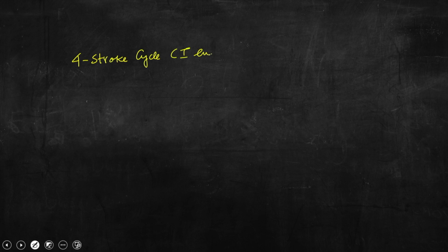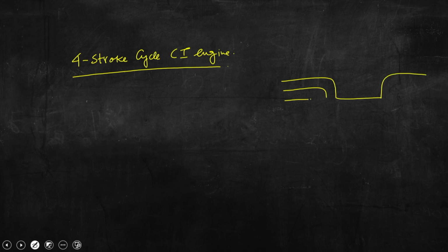So, let us quickly discuss the four-stroke cycle CI engine. Again, if we just draw the schematic, so this is only air, and this is only fuel.